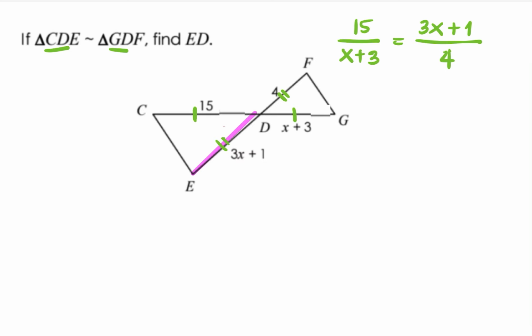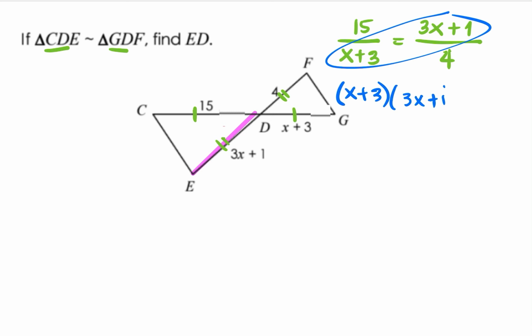So let's cross multiply. We'll have x plus 3 times 3x plus 1 equals 15 times 4.